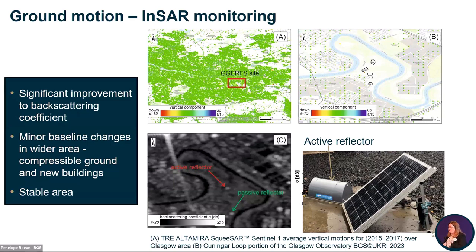But the general picture is over a regional scale, the ground isn't going up or down very much in the area. And again, that's really important for us to know. There are some local areas where there is a very gradual decrease in the ground level, but that seems to be due to a widespread area of compressible soils as opposed to mine-related ground motions.